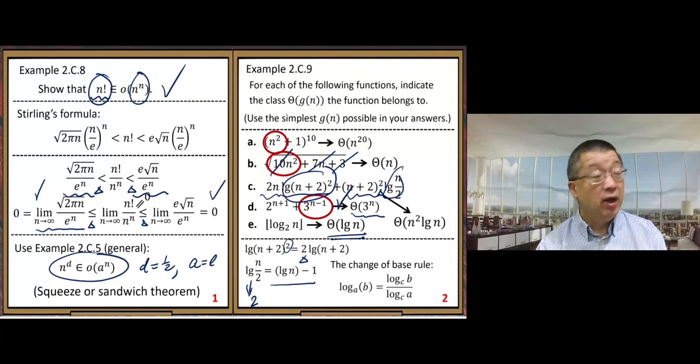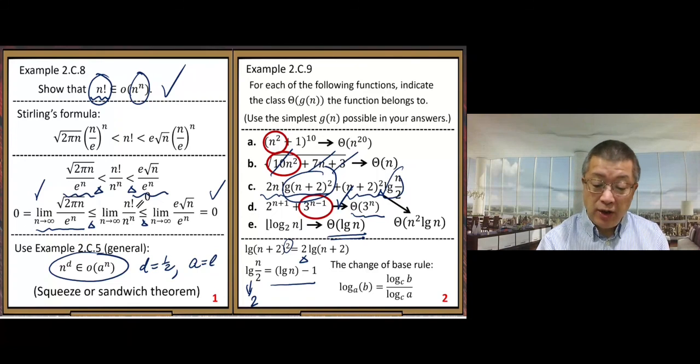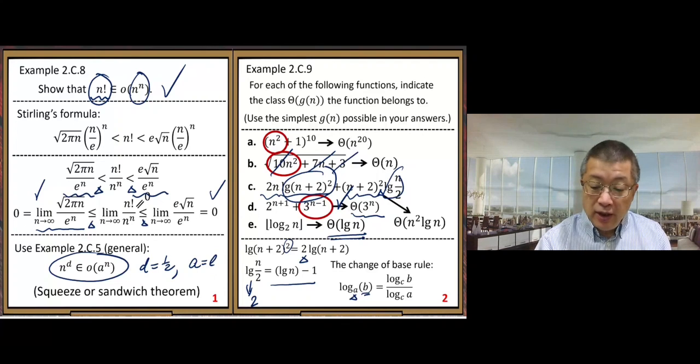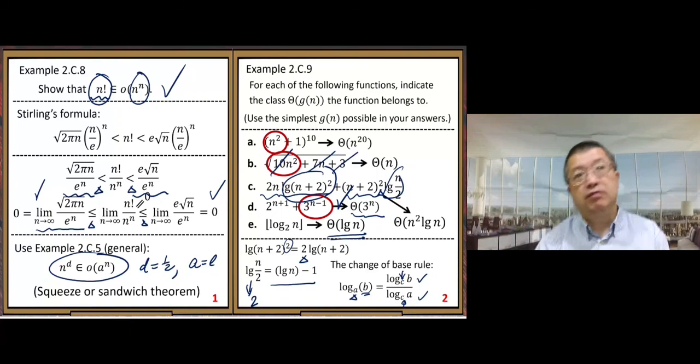So here, let me put the change of base formula: original base A, B, then we can change to C in this ratio form. That's the change of base formula.